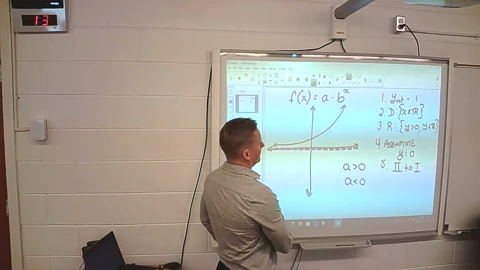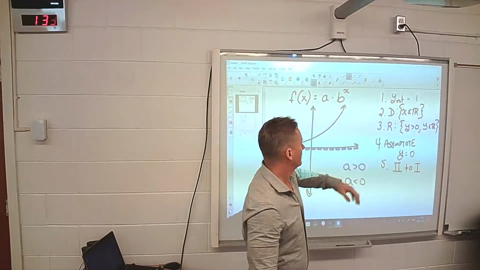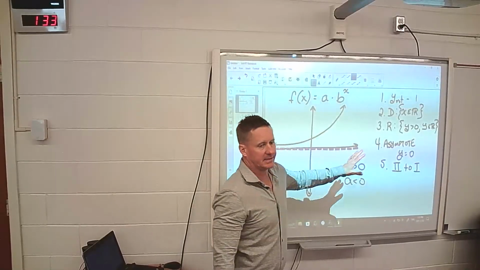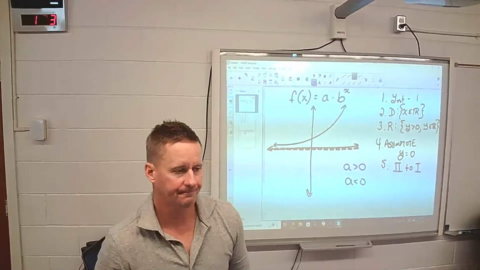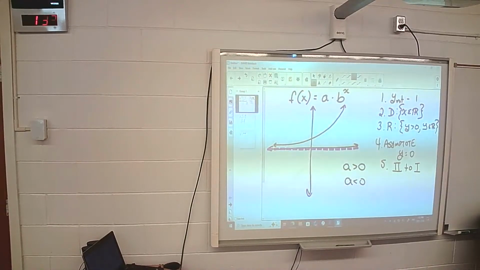Okay, so looking at this graph right here, logarithmic is the inverse of this graph. I don't know if we've talked about this yet. To find the inverse of any graph, you take all x, y coordinates and you make them y, x. That means you switch the x and the y values.